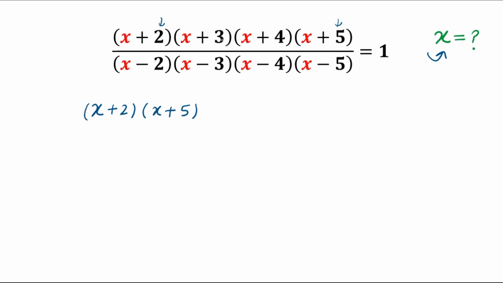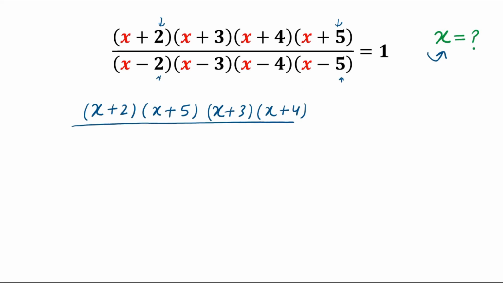and here this 3 and this 4, if we add both the numbers then you will get 7. So we will write x plus 3 and x plus 4 together. x plus 3 times x plus 4. Similarly, this 2 and this 5, if we add both the numbers then you will get 7.